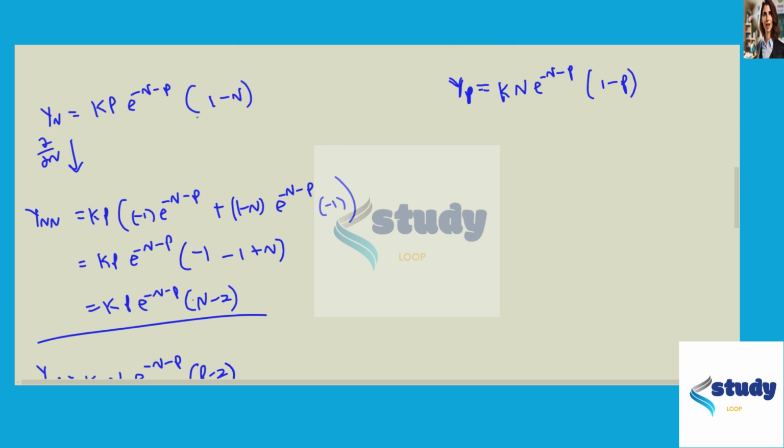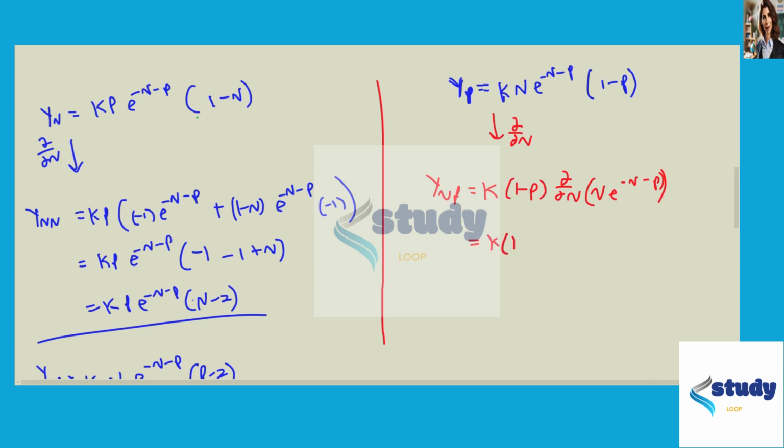And lastly, what we're going to want to do now is go ahead and find our mixed partial. So I'll just take this and take the derivative of that with respect to n. So del by del n. So now this 1 minus p is a constant as well as the k, so ynp is going to be k(1 minus p), and then del by del n of n e to the negative n minus p.